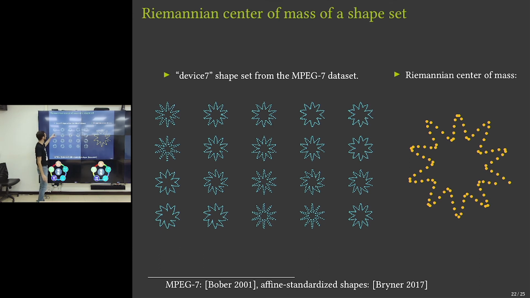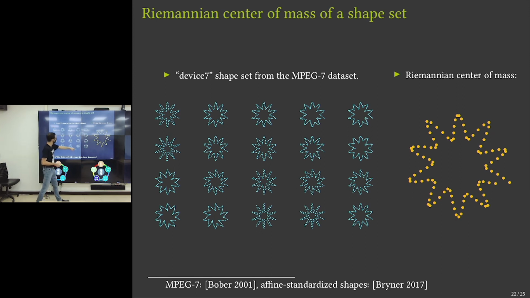I said at the beginning, in the MPEG-7 data set, we have many sets of shapes. Each set contains 20 shapes that have some similarity.